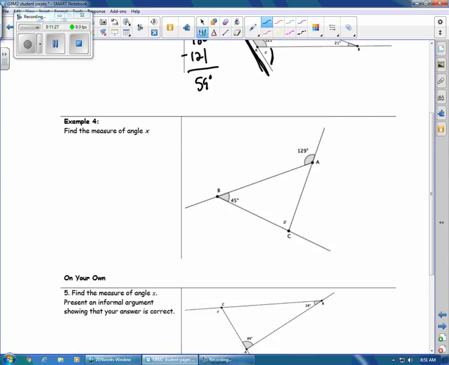I know x plus 45 is going to equal 129, because 129 is my exterior angle, and that's equal to the two remote interior angles. So now I just have to subtract 45 from both sides, and x, again, is going to equal 84. I get the same answer either way, so it really doesn't matter to me which way you attack that problem.